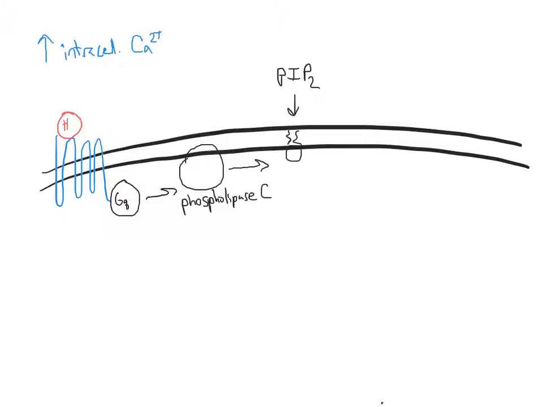And when phospholipase C acts on PIP2, PIP2 gets separated into just the lipid tails and the phosphate head.